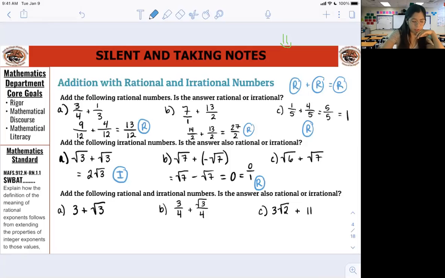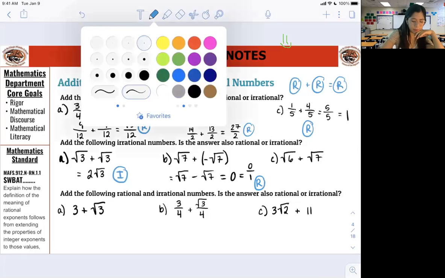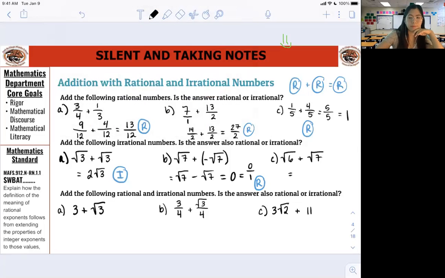What about C though? The square root of 6 plus the square root of 7. They're not like terms, so we can't combine them. They are both irrational.